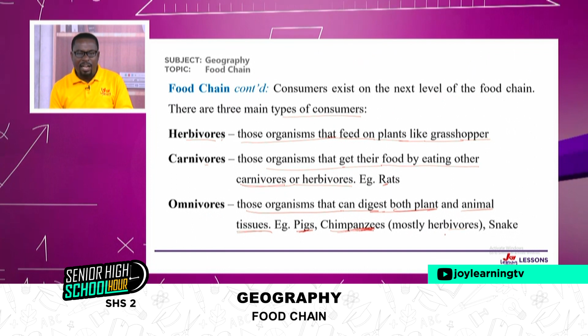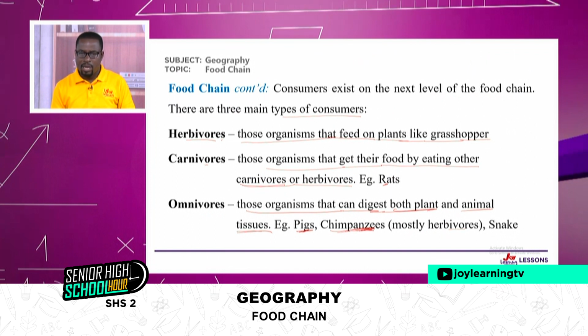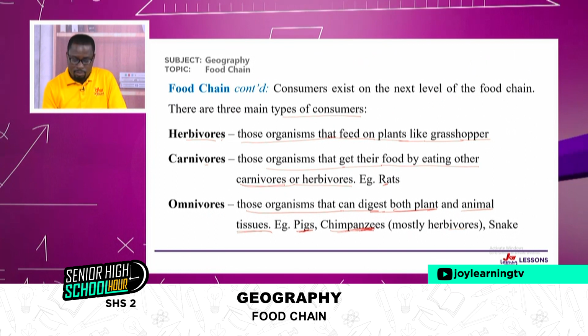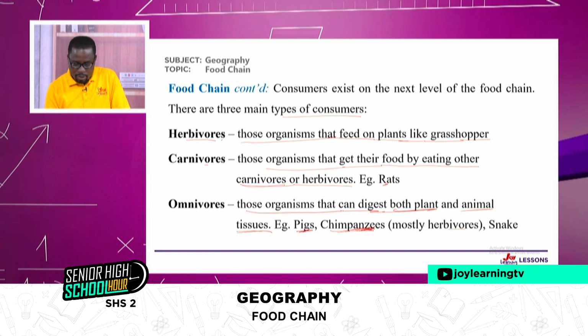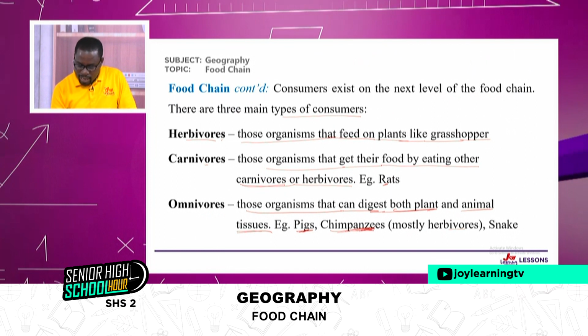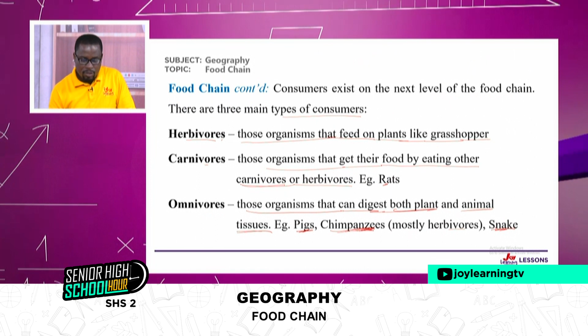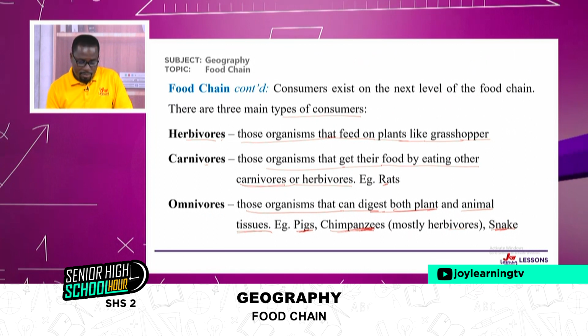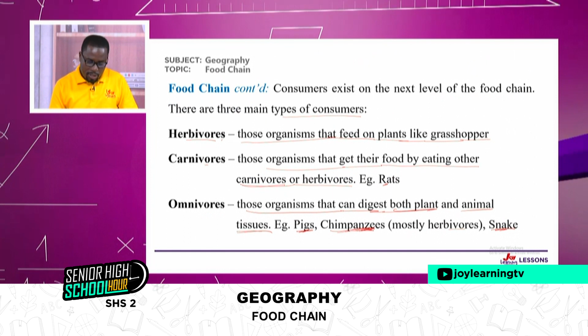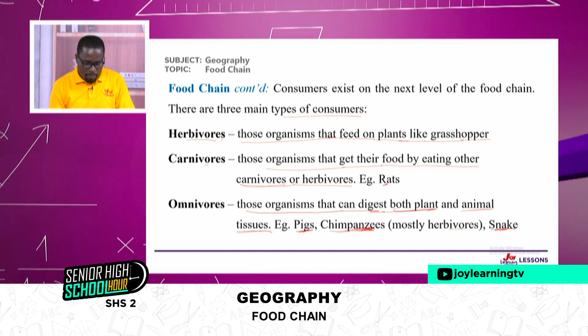So chimpanzees are mostly herbivores, but they also feed on carnivores as well. Then snake. Okay? Snake can also be classified under what? Omnivores. Okay. So having understood this, let's make progress.